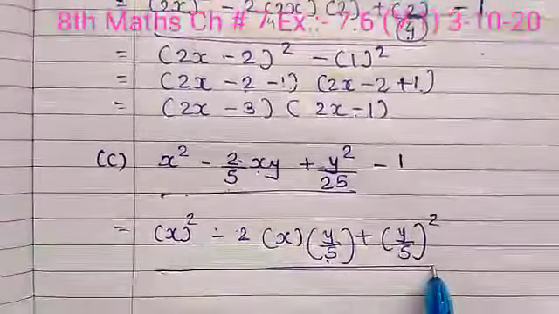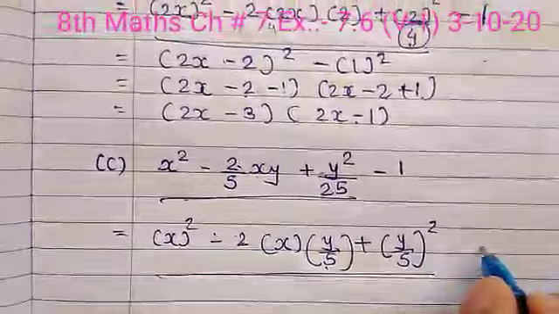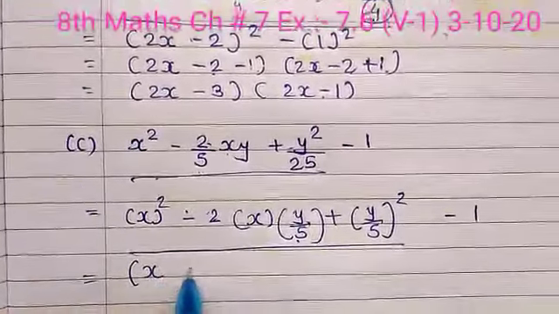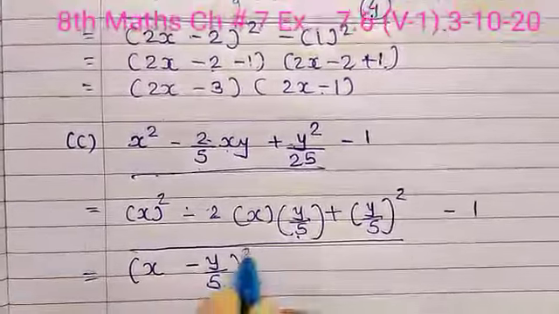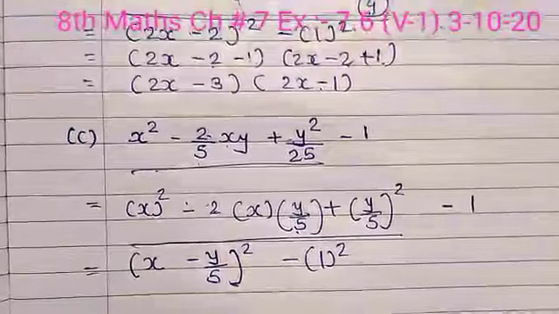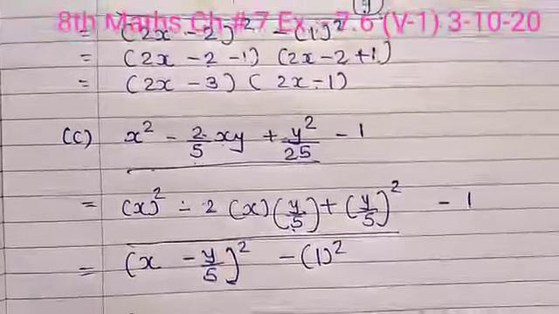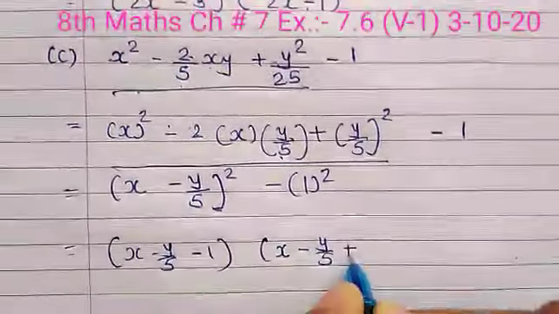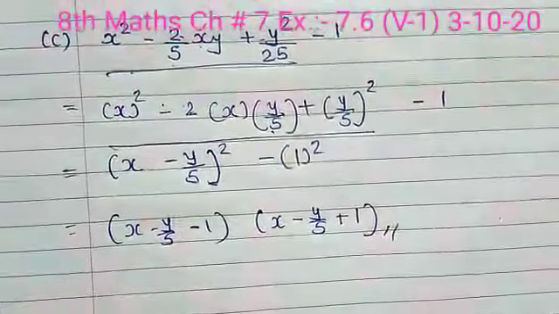So we will not use any method, just make it separate. The 1 remains as it is. So here what will become? x minus y upon 5 whole square minus 1 square. So we can write x minus y upon 5 minus 1, and x minus y upon 5 plus 1. That is our final answer.